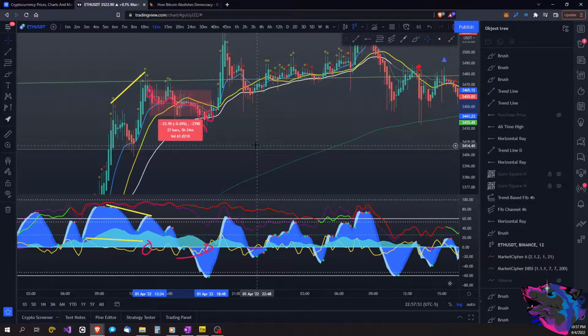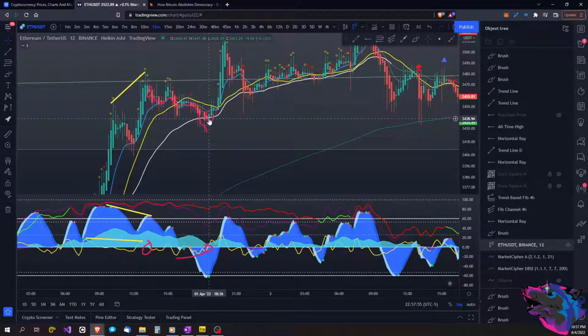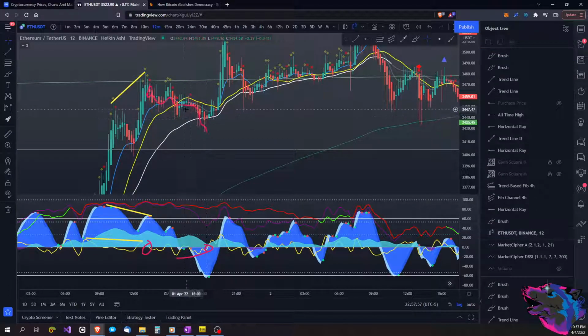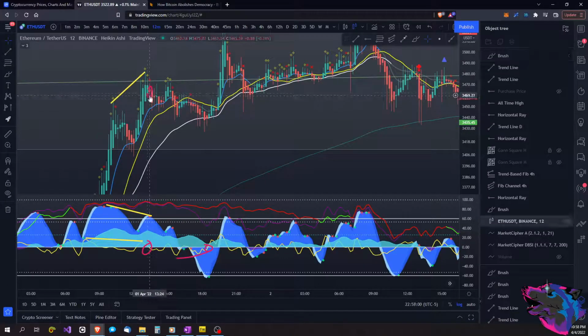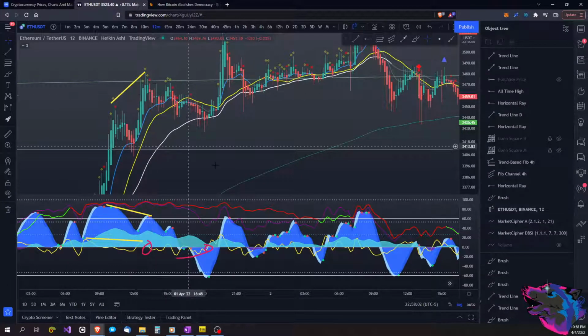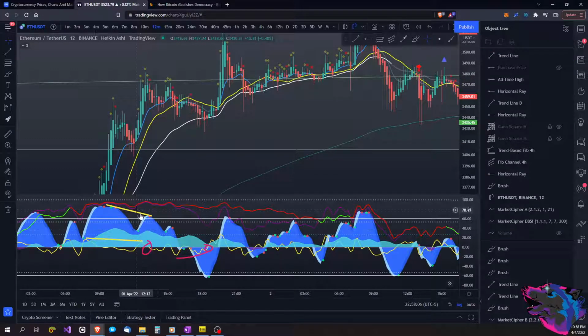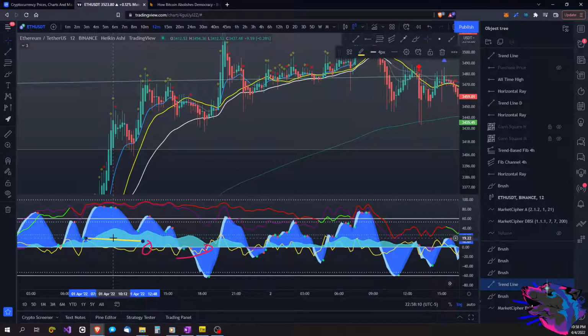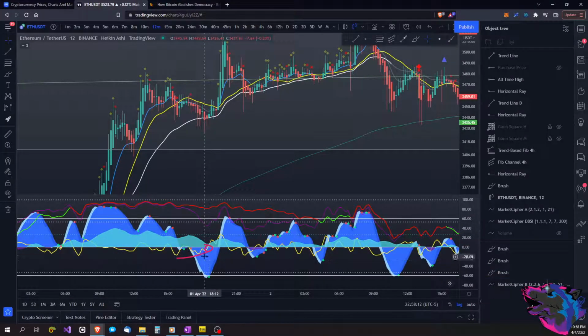Yeah, 0.7%. But that's why you use leverage. Nice little scalp. So it works for scalps, works for swings, works for all kinds of things.